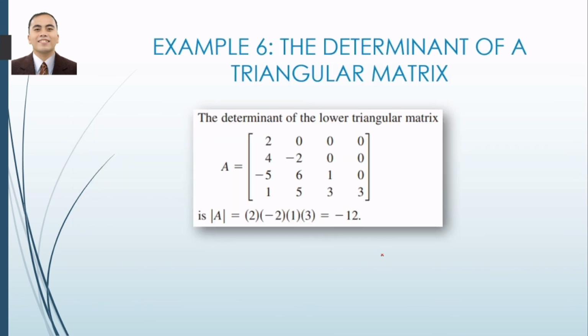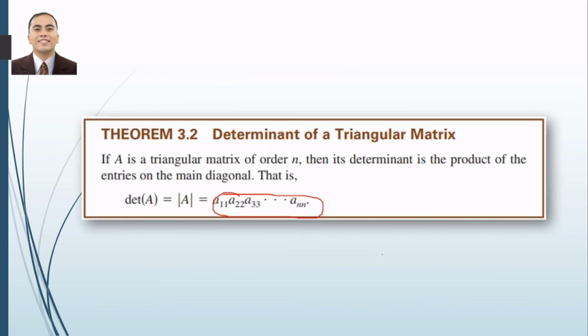So for example, here we have the determinant of a lower triangular matrix. As you can see, this is the main diagonal, and the values above it are 0. So all we need to do is follow the definition or the theorem.